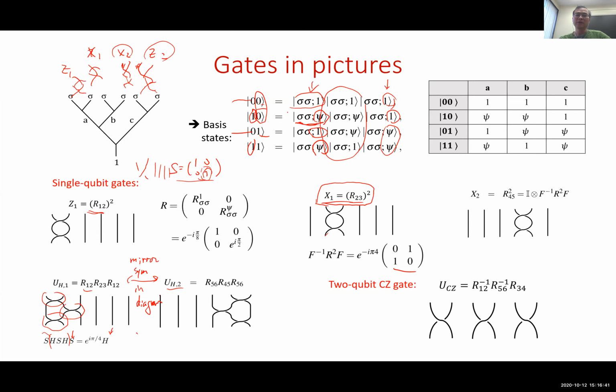Then we could also verify the 2-qubit CZ gate. Maybe let me write down the R, which is 1, i. Let's ignore the overall phase. And the R inverse is basically 1, minus i. So this is doing the braiding of 1 and 2, but the reverse, and 5 and 6 also reverse, and 3 and 4 is the R. Okay, so how can we understand this?